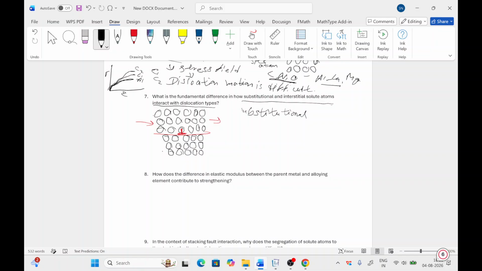Because of the high density of atoms, they are squeezed together, so a compressive stress field is generated here. At the bottom the atoms are free and not compressed, so there will be a tensile stress field at the bottom of the slip plane.